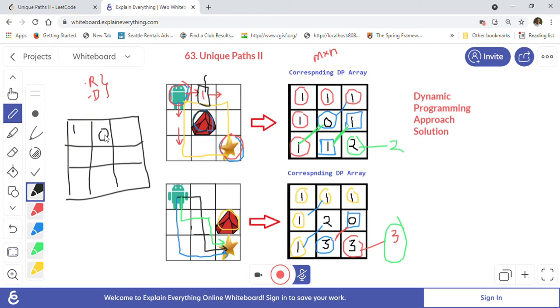Once we have an obstacle in any of the cells, it means that you can never reach any of the further cells. You will always have to put 0 because you cannot go through that cell. The same thing applies to the column also. If you have an obstacle in this cell, you have to put 0 here, and once you put 0 here, you cannot go through this cell. So you will always have to put all zeros for the rest of the rows here. So that is one thing.